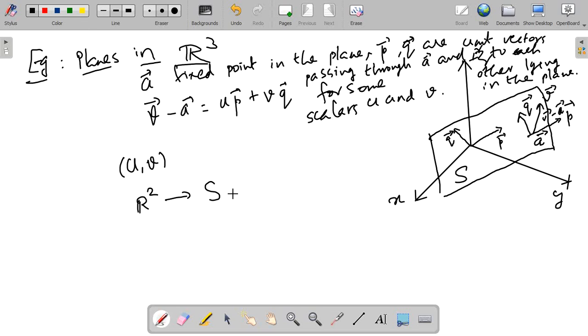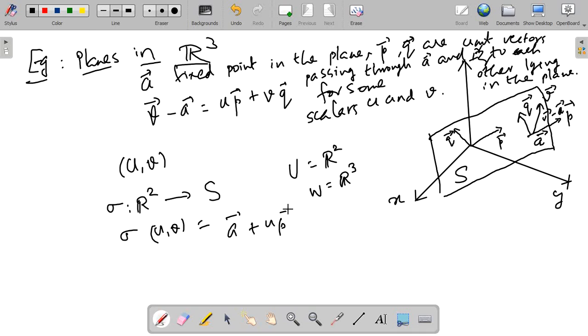Here U equal to R2 and W is R3, so U to S intersection W. S intersection R3 is S itself, and the homeomorphism is this sigma of (u, v) equal to, V was the arbitrary point in the plane, so V can be expressed as A plus uP plus vQ.